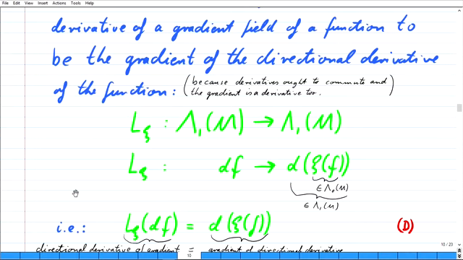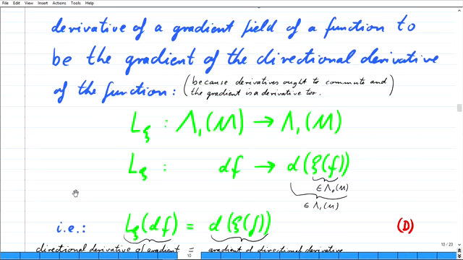Okay, so the idea is that the directional derivative of a gradient is by definition equal to the gradient of the directional derivative. Now the right-hand side is already defined. So we define the left-hand side through the fact that we already have defined what the right-hand side is. Yep? So this is great motivation if we want that commutation relation.